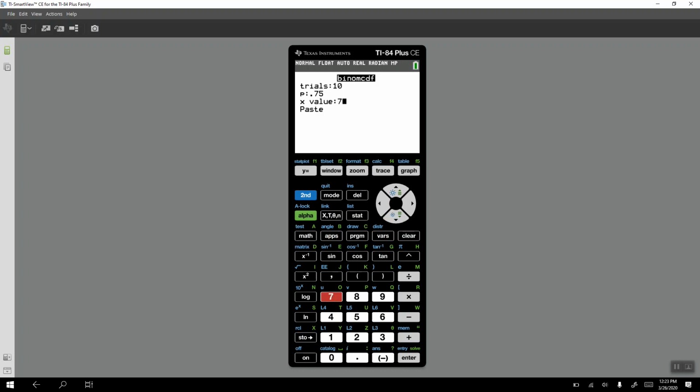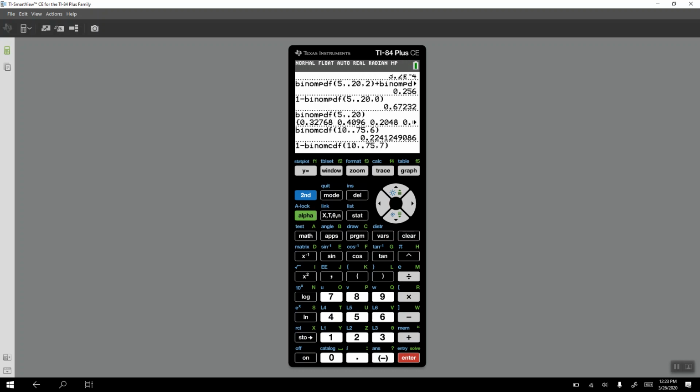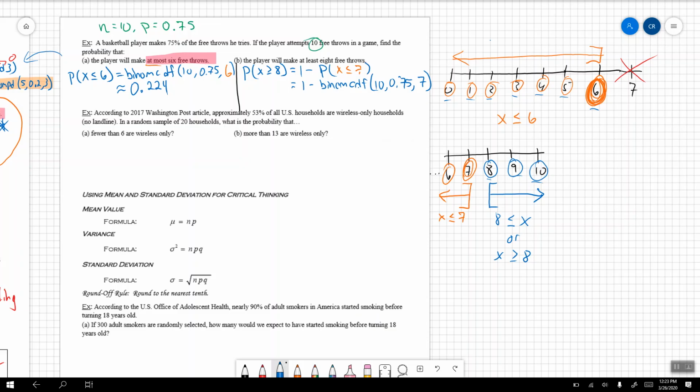We start at the number 7 because, again, we're trying to find the complement. So that's 1 minus the complement of this will get me that probability of the basketball player making 8, 9, and 10. We hit enter, and here's that probability. Approximately 0.526. So now that we got the probability, this is approximately 0.526.